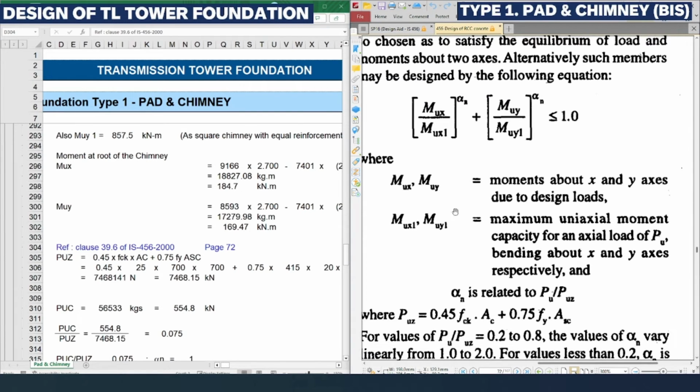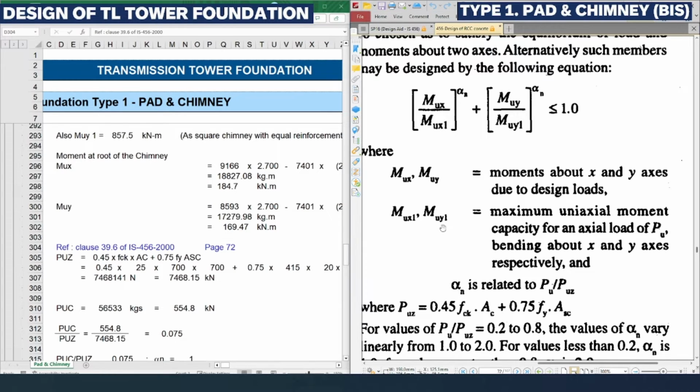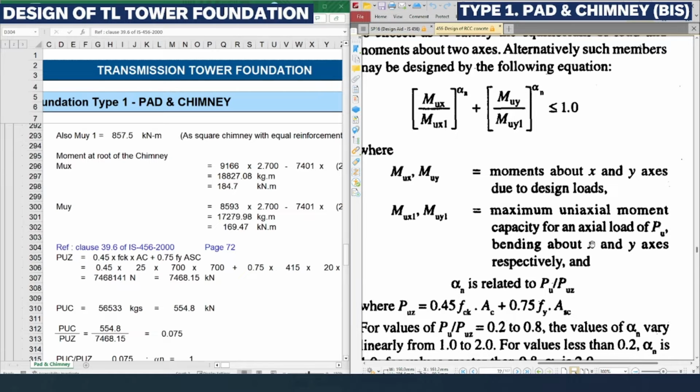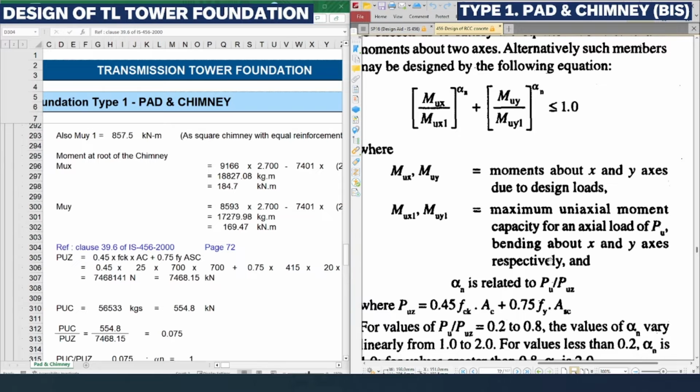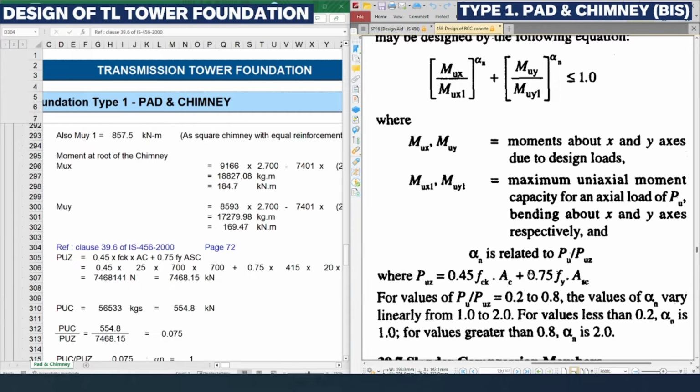Here the definitions: MUX and MUY are the design moments about the x and y axis respectively. MUX1 and MUY1 are the maximum uniaxial moment capacities at axial load Pu, with bending about the y and x axis respectively.